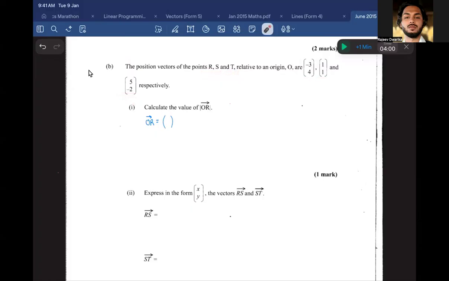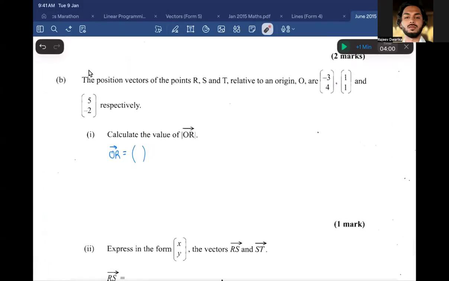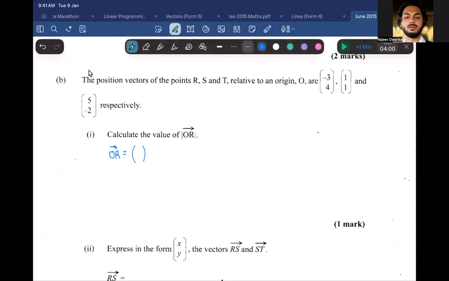Tell me, Ivan, which one is OR? 3 and 4. Nah, you gotta say the signs. You gotta be very specific with the signs. It's not 3 and 4, it's -3, 4.